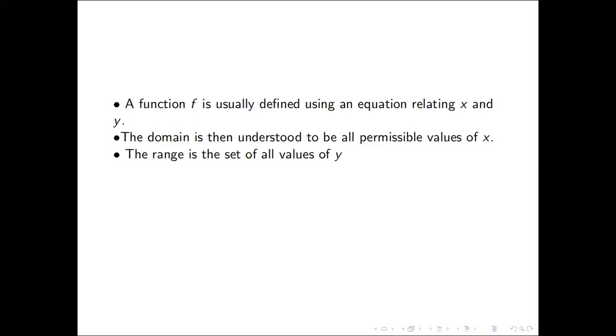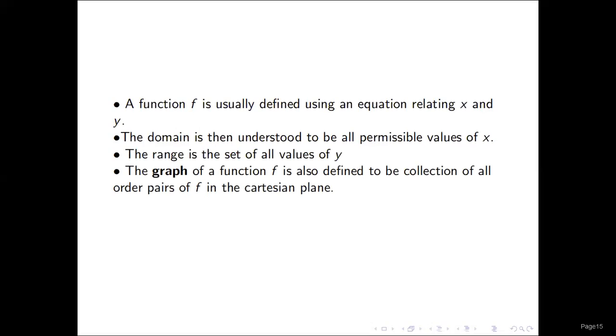So instead of one set versus another set, a pairing between two sets, we just use an equation, and then all the x values will be for the domain, and all the y values will be for the range.